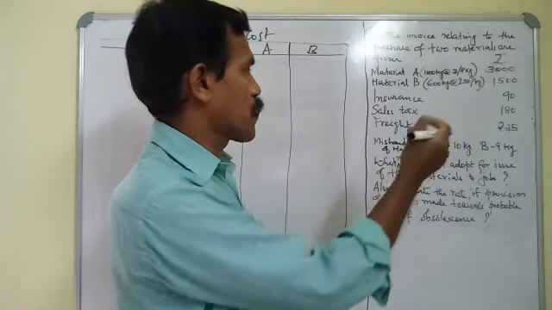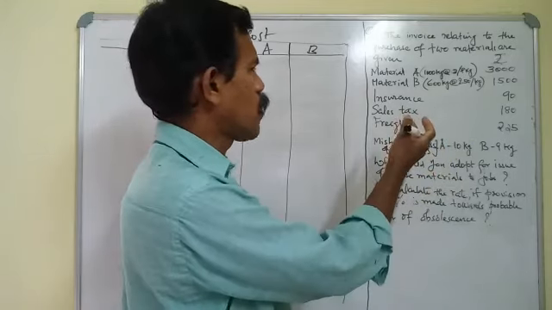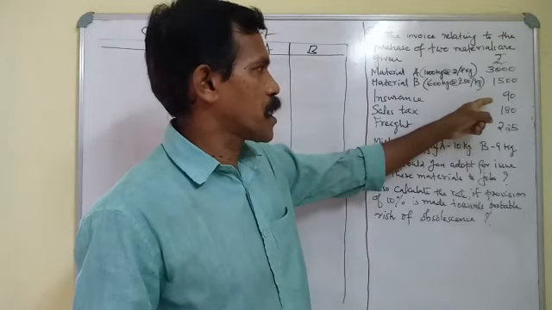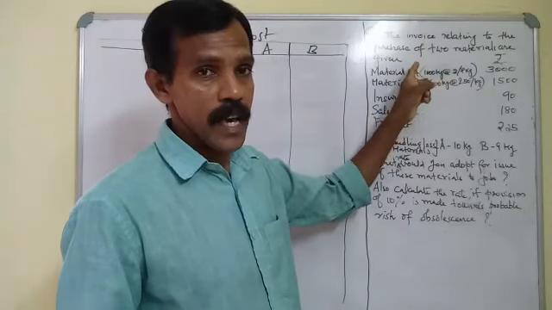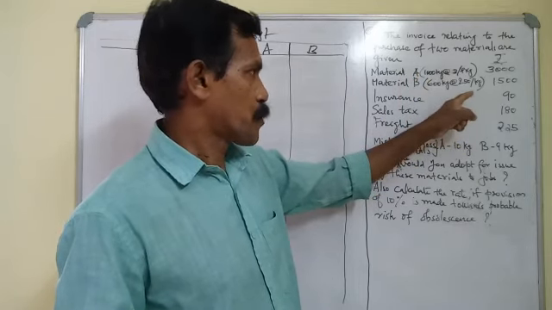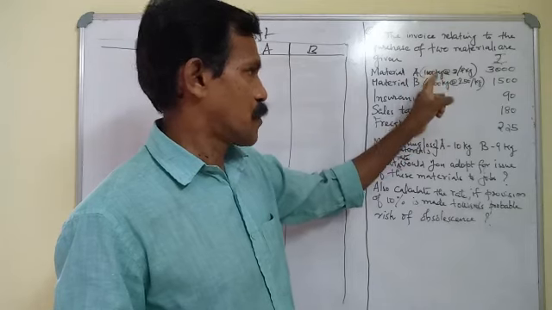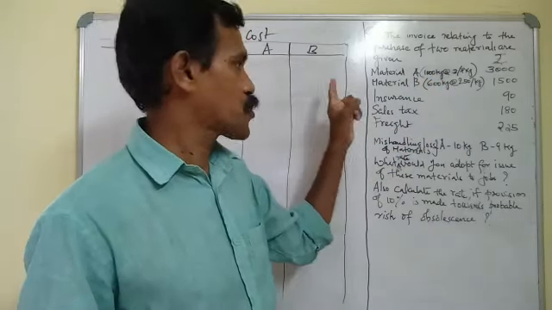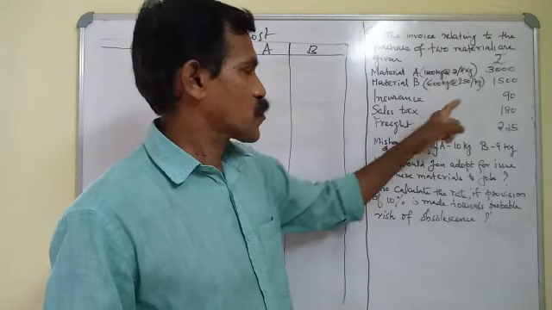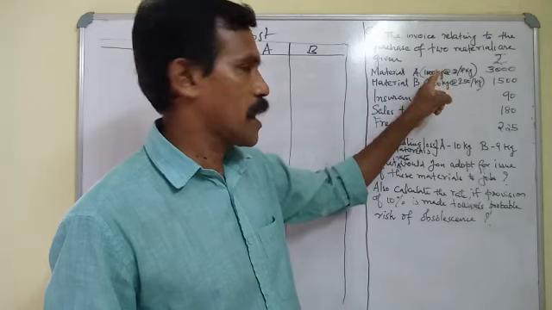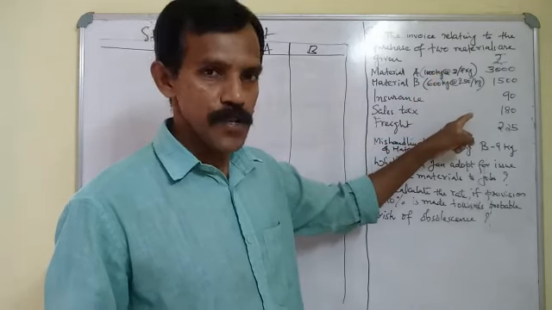Amount comes to 1500. Here we have insurance 90 rupees. We incurred that 90 rupees for both A and B, so we have to apportion that 90 rupees between A and B at the time of preparation of statement of cost. Then sales tax 180. That amount also was incurred for both A and B, so we have to apportion it.